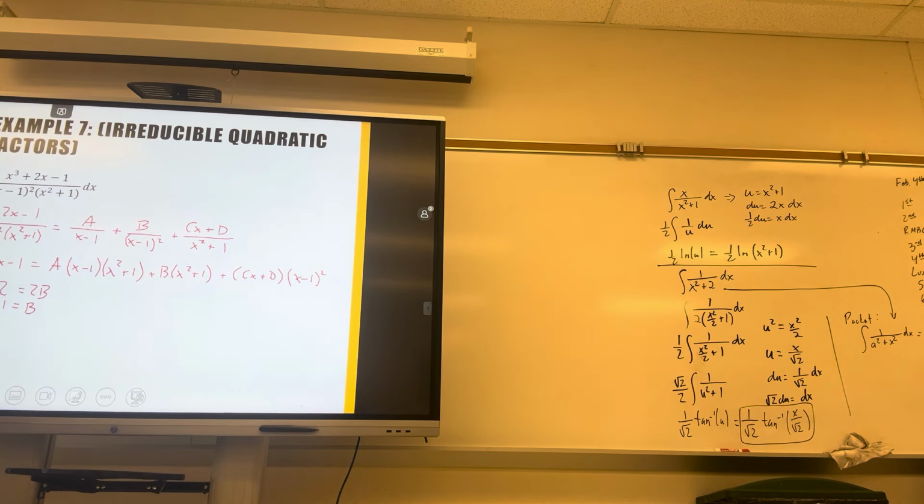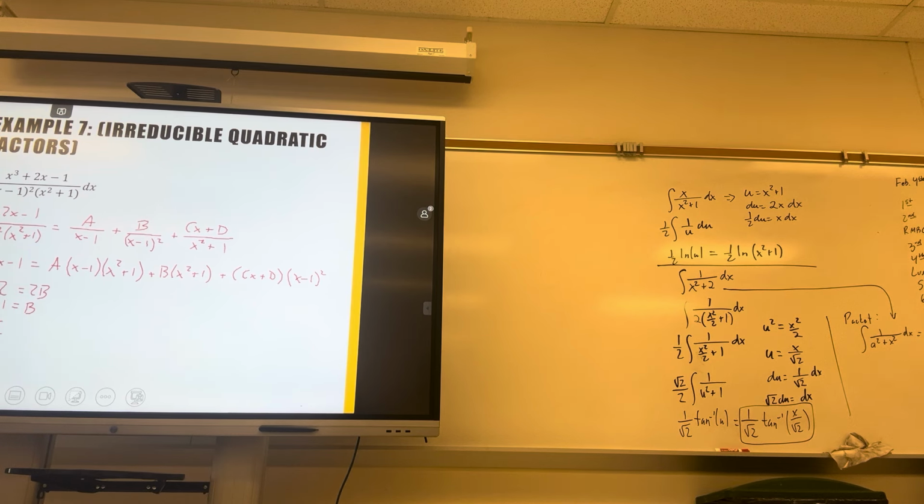So x cubed over here is 1. And over here, you're only going to have A and C. So I'm going to put that this is coming from x cubed. Now, by itself that doesn't help me because I have both A and C in there. I can't solve for either A or C. But that's an equation with A, C, and D in it, just that D doesn't appear.